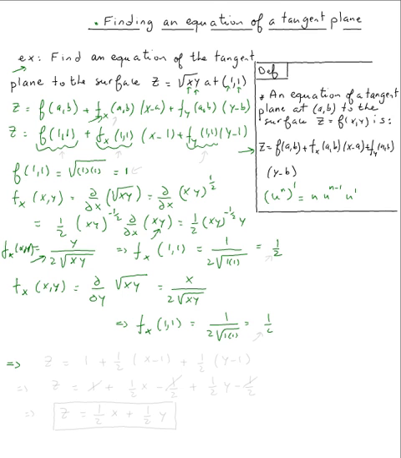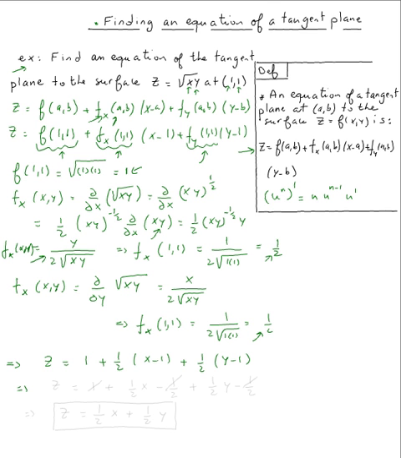Now let's write the equation. Z equal f of 1, 1, we found out to be 1, so it's 1 plus partial derivative of x at 1, 1, which should be just 1/2, and then x minus 1. Same thing, partial with respect to y of 1, 1 is right here, 1/2, and then y minus 1.